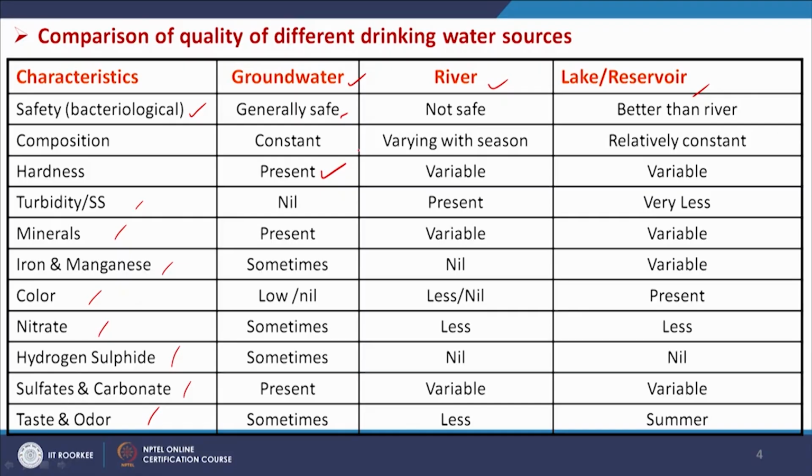In groundwater, hardness and different types of ions are available in most cases, and odor and taste we also sometimes get. TSS is normally not available in groundwater, whereas it is available in river water, and in reservoir water it is less.